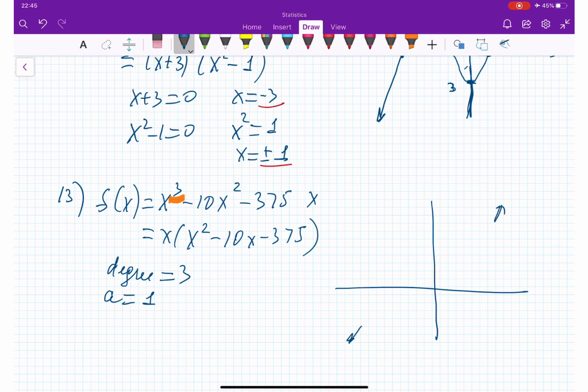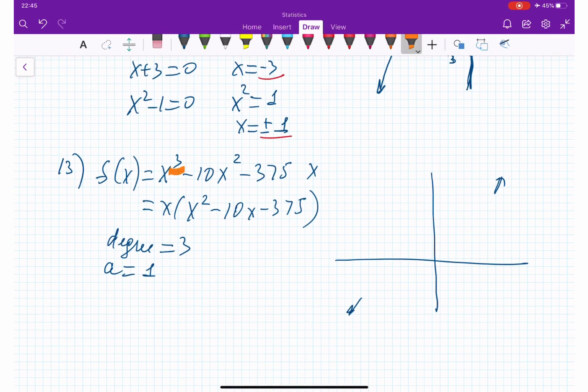So what are going to be our points? So x is equal to 0. This is this x, right? I can put x equals 0. So one point is going to be right here. And the other one, x squared minus 10x minus 375.